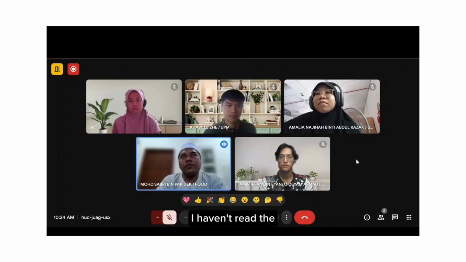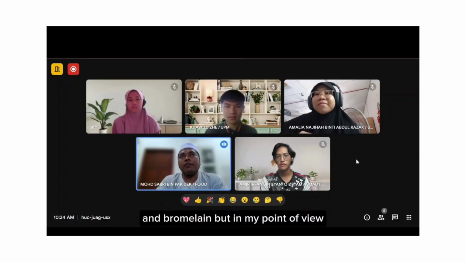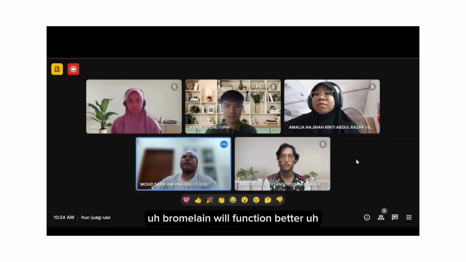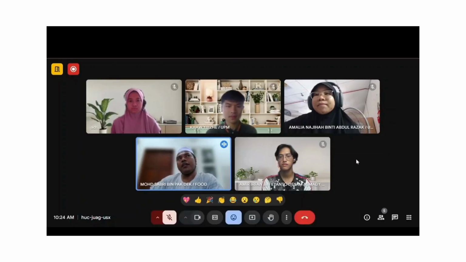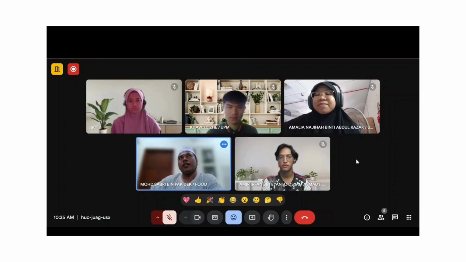I haven't read the journal related to the comparison of papain and bromelain, but in my point of view, bromelain will function better because you can easily get bromelain from, let's say, the fruits.